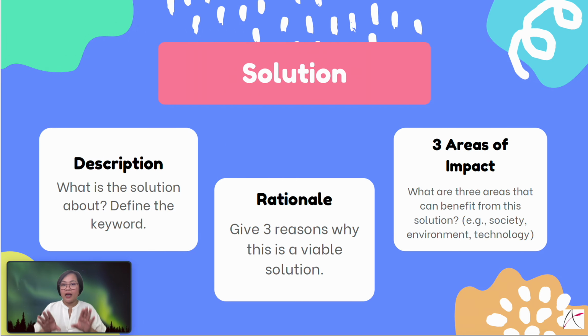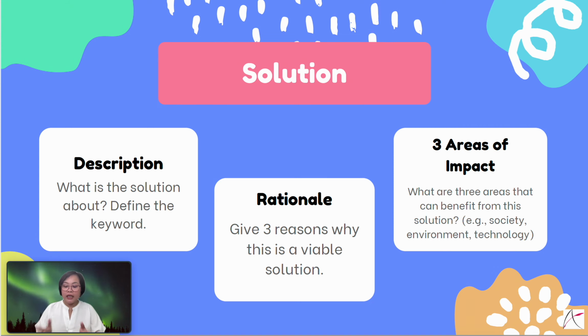Now we're going to the solution. The solution has three parts. The first one is, of course, the description. What is the solution about? If it involves a process, what is the process that is involved in this solution? And please make sure to define the keywords, because most of the time, solutions have specific or technical terms particular to the issue that you are researching about.